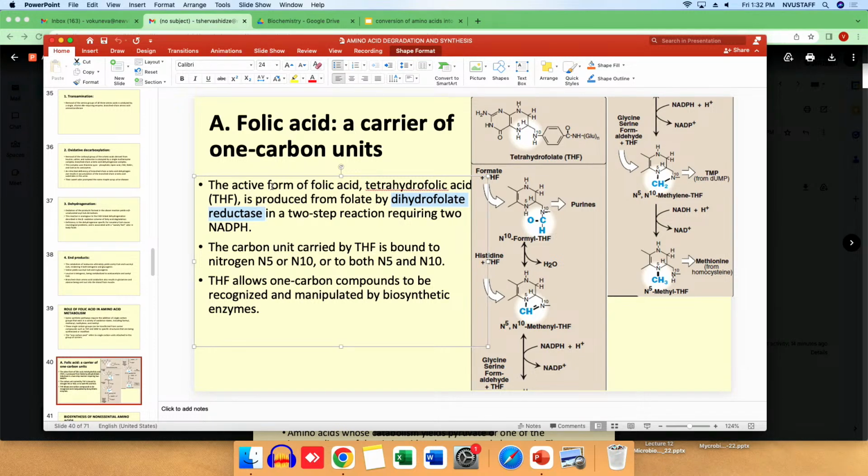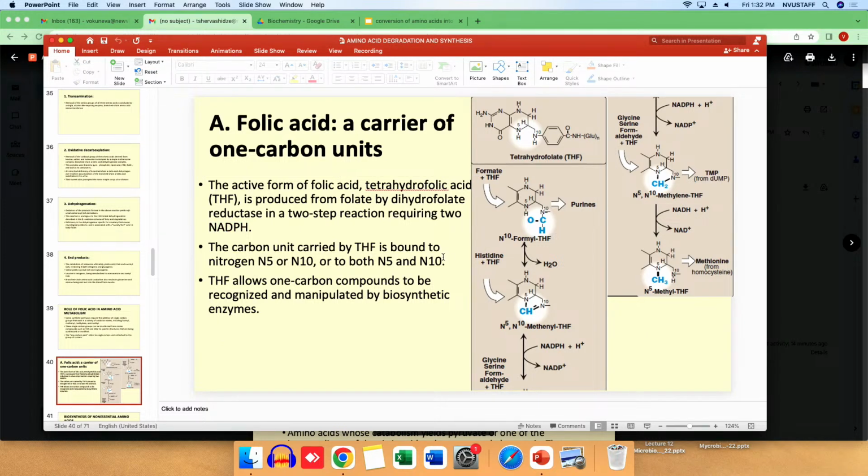And this enzyme, dihydrofolate reductase, needs something to work, and this something is NADPH. Please don't forget. NADPH is required for the enzyme, let's say, activation of folic acid. Activation will involve conversion of folic acid to tetrahydrofolic acid.